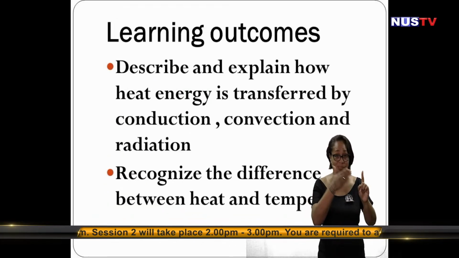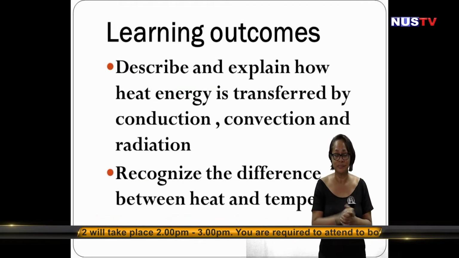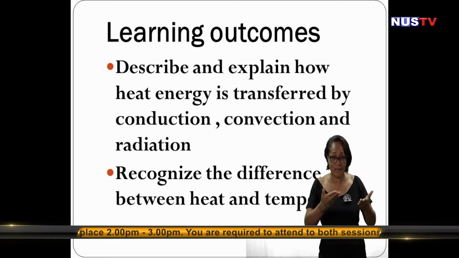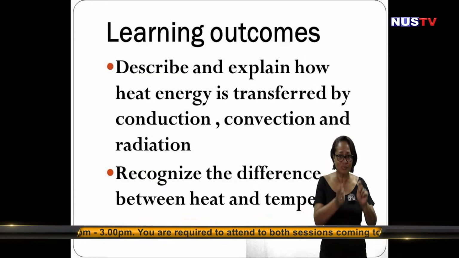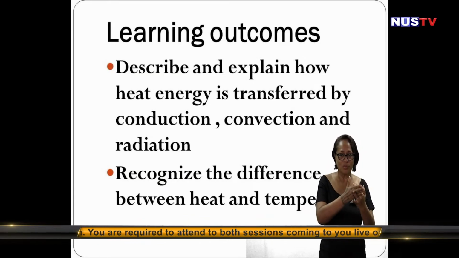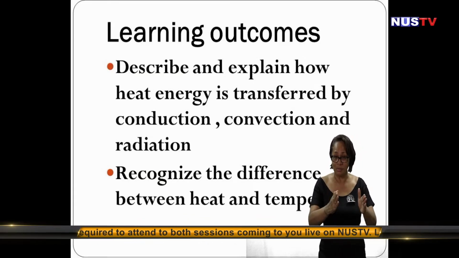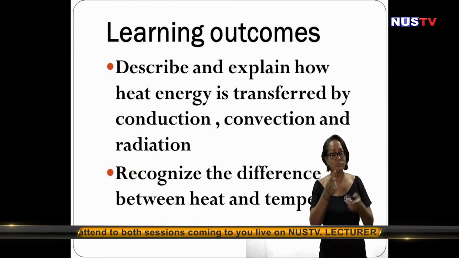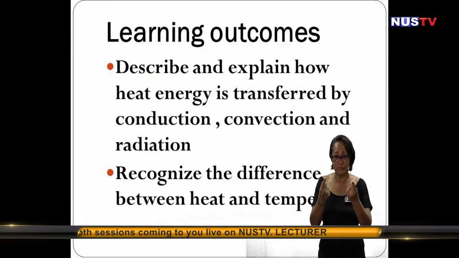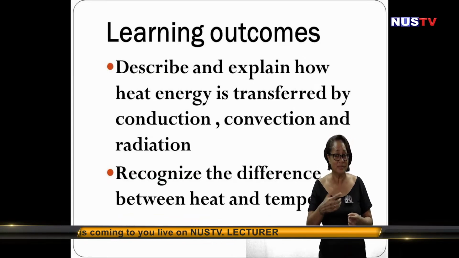Learning outcomes for us today, we're going to be describing and explaining how heat energy is transferred by conduction, radiation, and combustion. And of course, we also have to learn how to recognize the difference between the word heat and the word temperature.